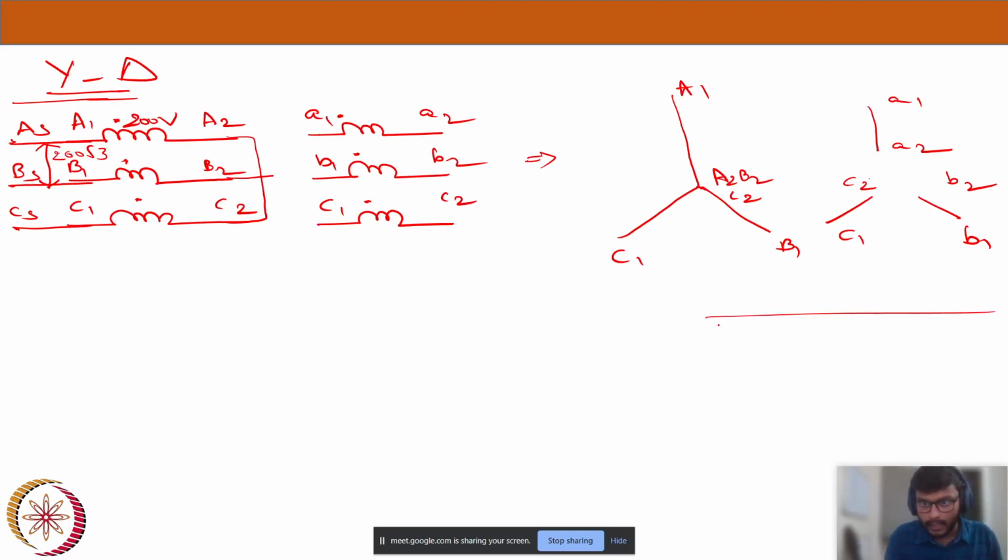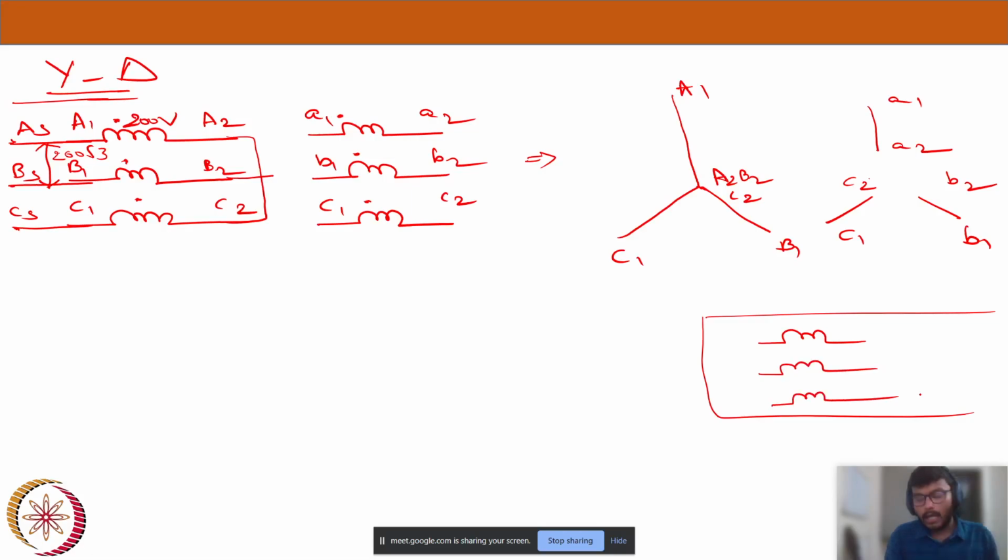How does a delta connection look like? Let's say you have three windings. Now I'm just showing an example. The delta connection is when you connect all the windings in series fashion, close the circuit, and take the outputs at the junctions.